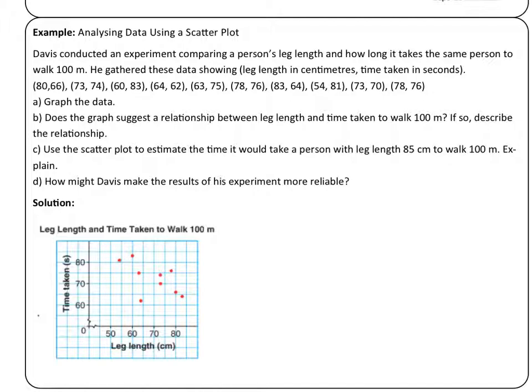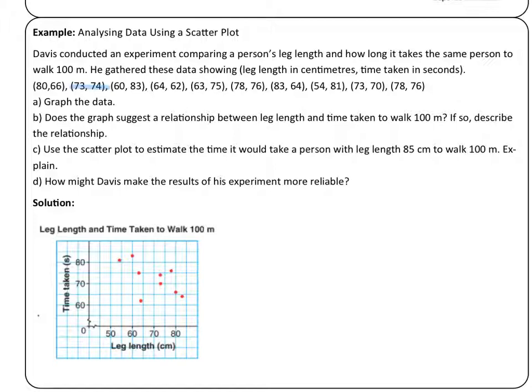The first part of the question said to graph the data. Now I just want you to notice, we've done graphing before. I hope that you know how to graph. But all it is is a graph where you have the independent on the bottom, the dependent on the side, and then all you're going to do is take these points, like this one, and plot it.